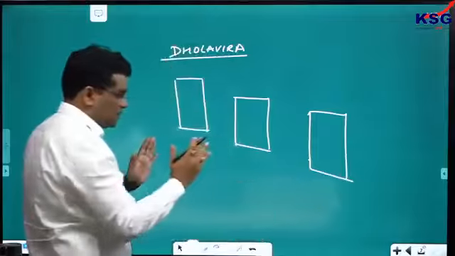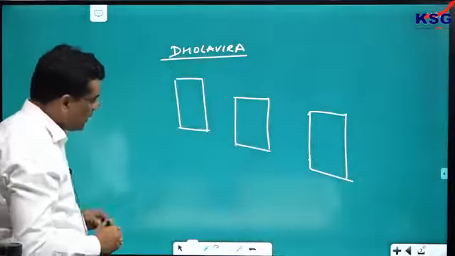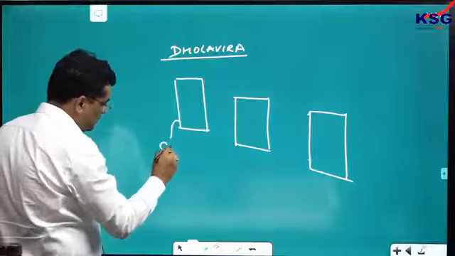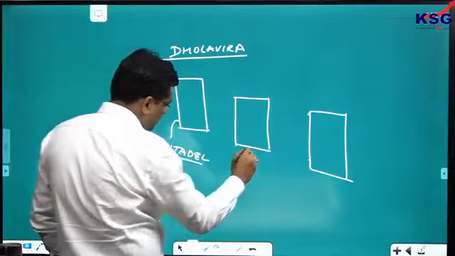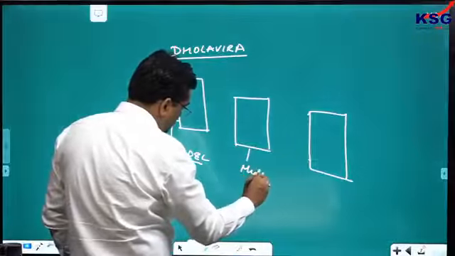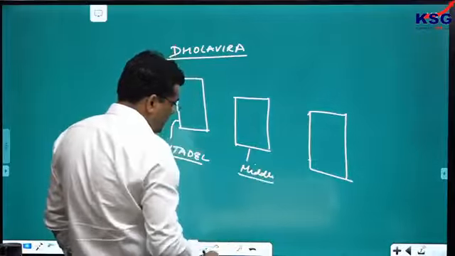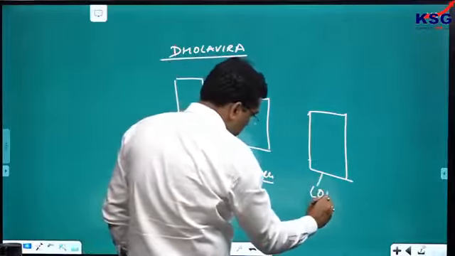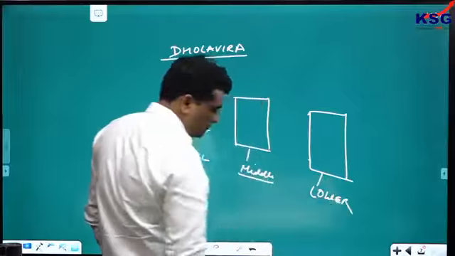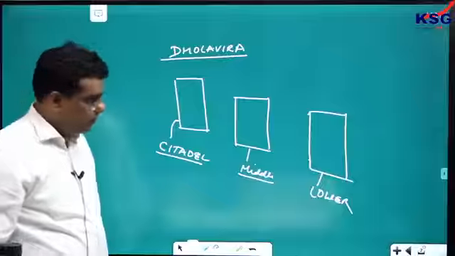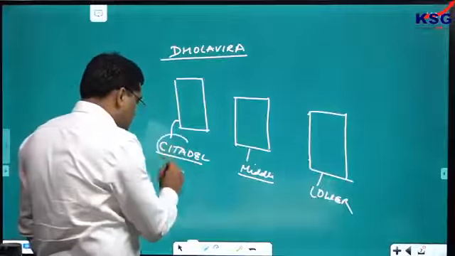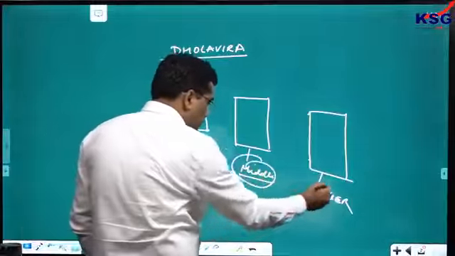Everywhere there are two divisions, but now you have three divisions: Citadel, Middle Town, and the Lower Town.